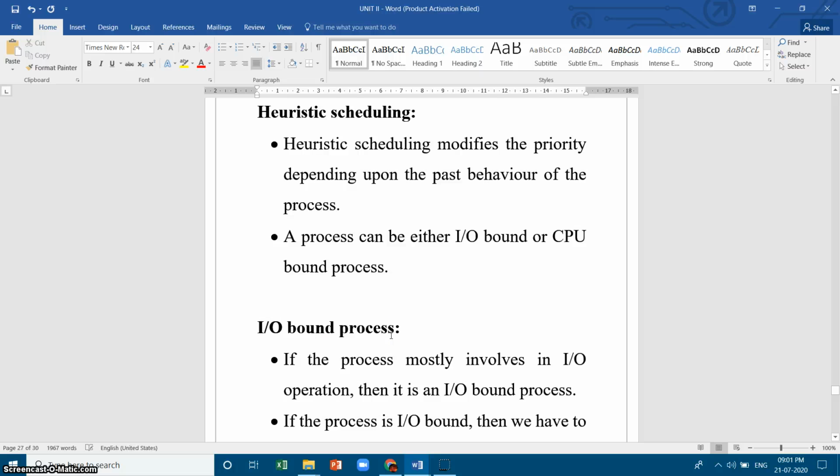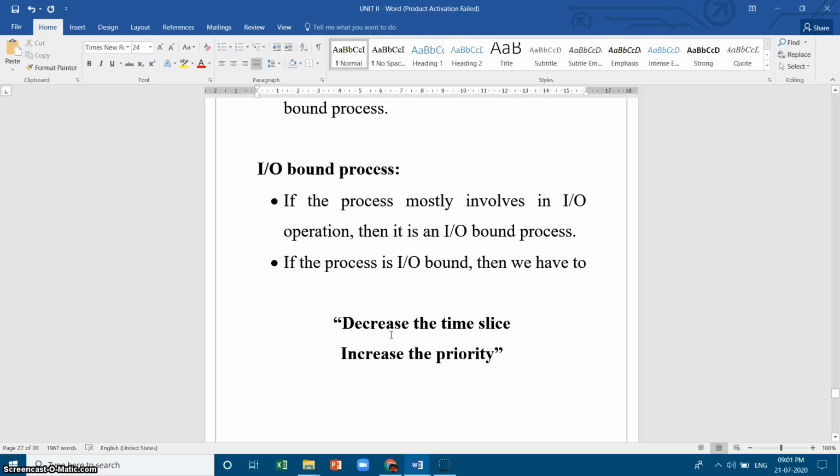Let us consider here the IO bound process. If the process mostly involves in IO operation, then it is called as IO bound process. So if it is an IO bound process, what you have to do is you have to decrease the time slice and increase the priority. What is this time slice?